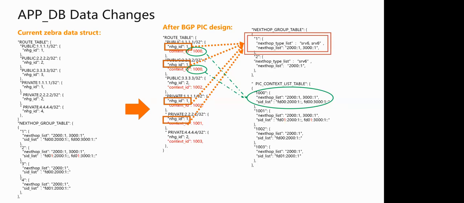You can consider the SID list more like a leaf attribute. So logically, there are two pointers from each leaf in hardware, one pointing to the next hop group, one pointing to the PIC context. But how it's really handled is dependent on the hardware.